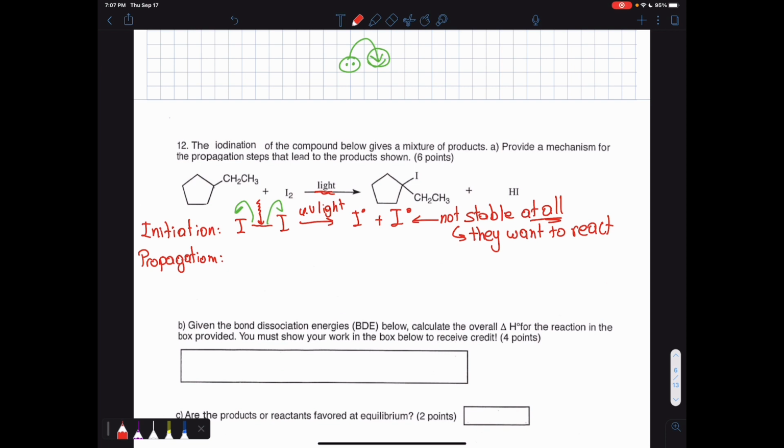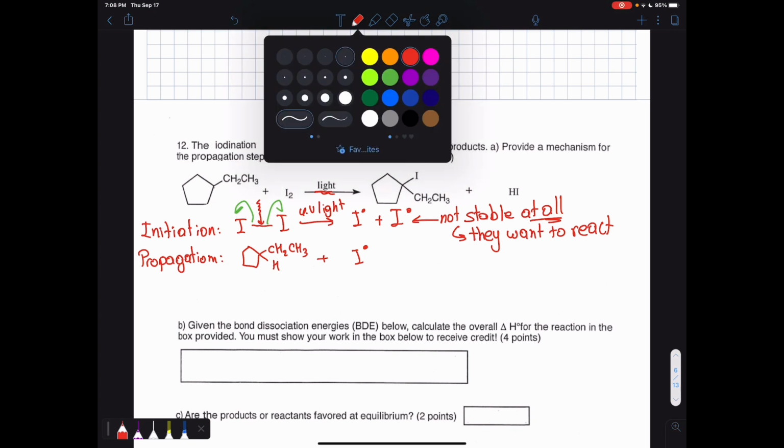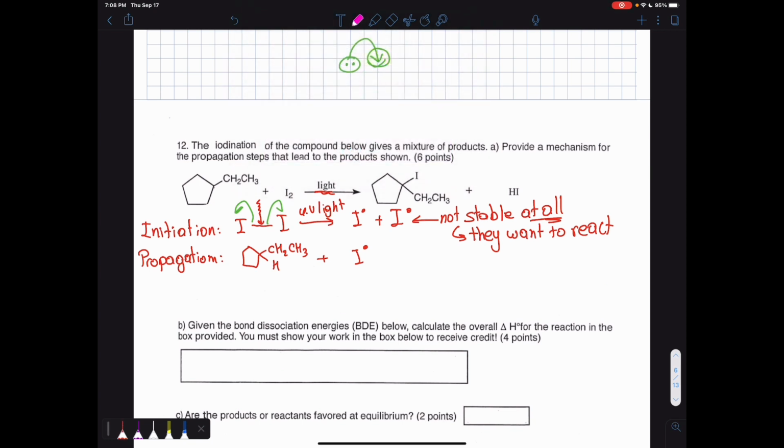So the first one, what's going to happen is the cyclopentane with the ethyl, CH2, CH3, is going to react with one of the iodine radicals. And what's going to happen here, this hydrogen and the iodine are going to react.